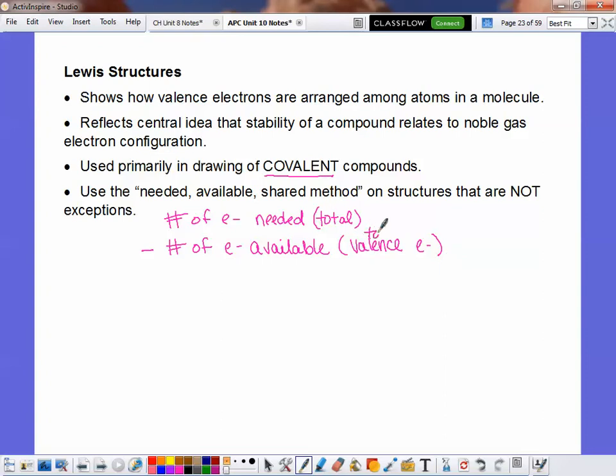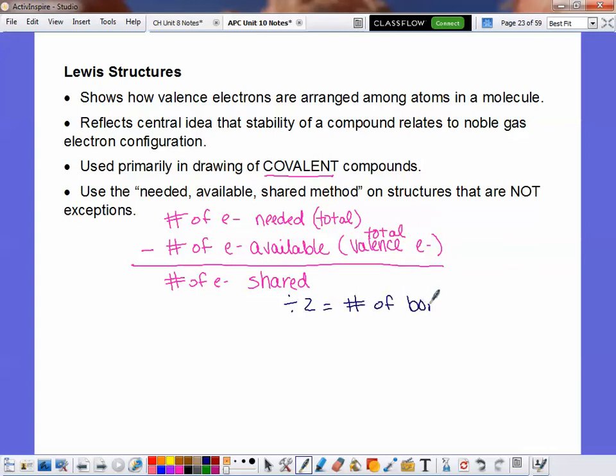So total valence electrons. And that will tell us the number of electrons that are shared. And if you then take that and divide it by 2, you get the number of bonds. So it's really helpful for figuring out if there is like double or triple bonds in a molecule when you do it this method, okay?